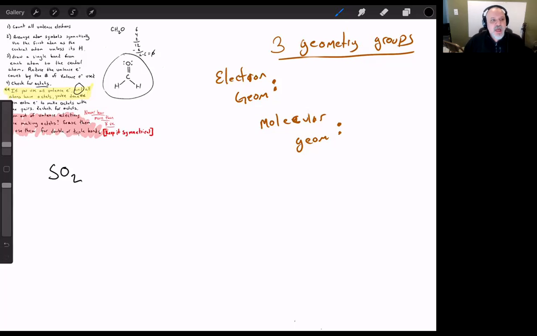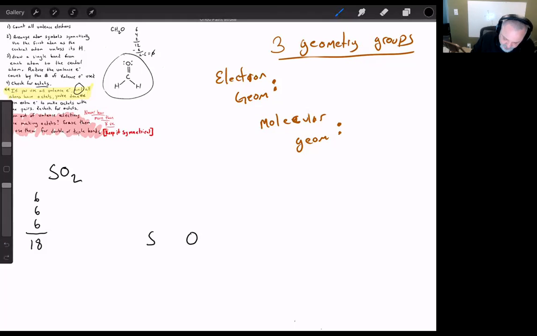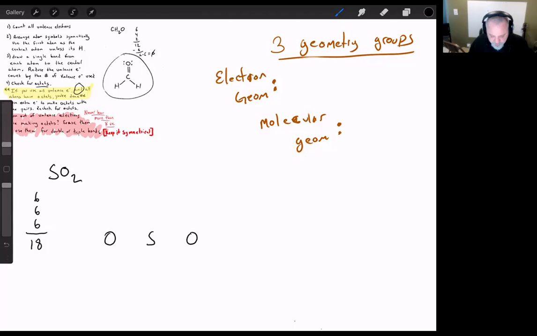SO2, I want to know the geometry of SO2. All right, let's do it. Let's count the electrons. 6 from sulfur, 6 from each oxygen, so I have 18. Sulfur is the central atom, so let's arrange everything symmetrically. Why can't I get that oxygen as far away as the other one? There we go.